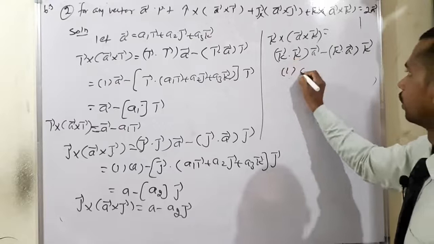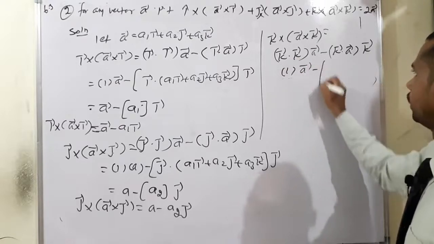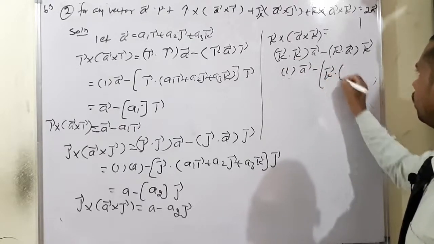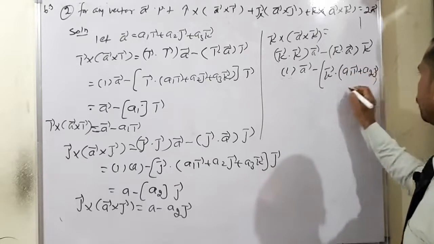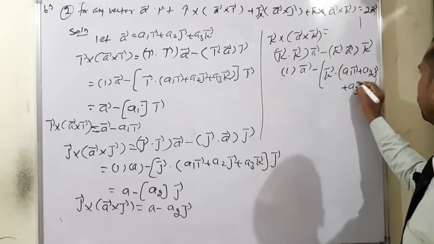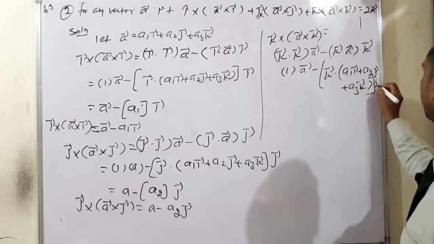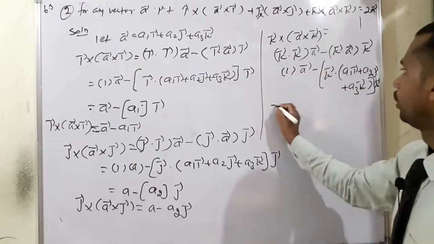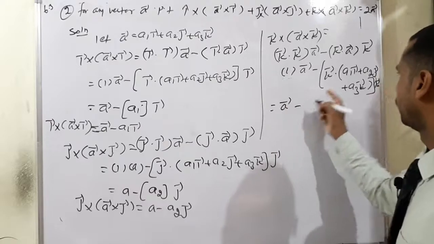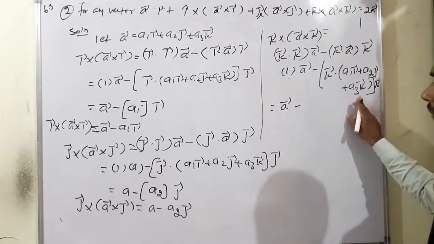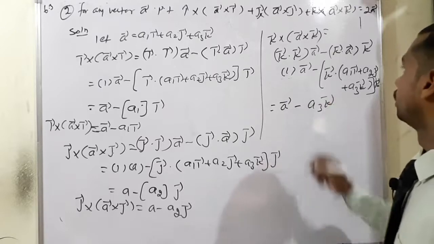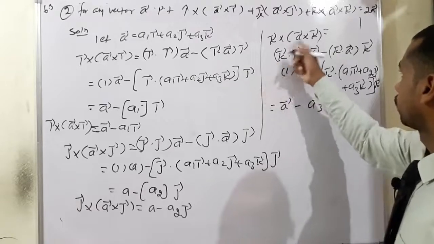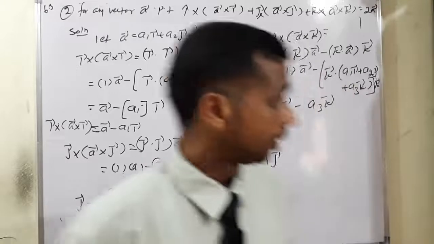This is a unit vector, 1 into A vector, then minus K vector dot A vector, meaning A1 I vector, A2 J vector, A3 K vector, and outside only K vector is there. 1 into A vector means A vector, minus, the same condition, only A3 will remain. So we can write A3 K vector. This is the value of K vector cross (A vector cross K vector).